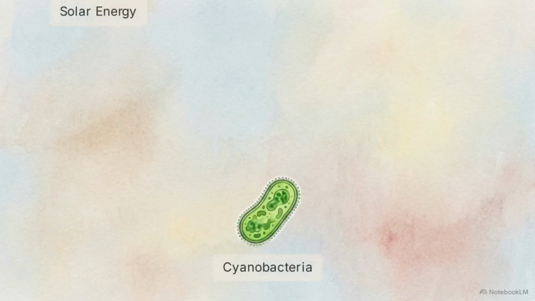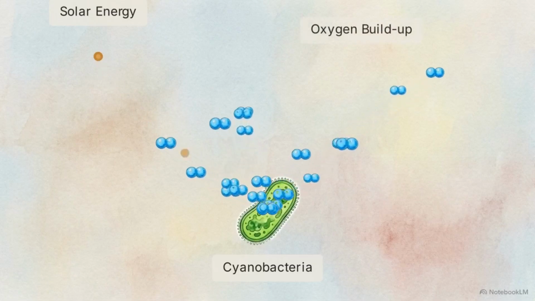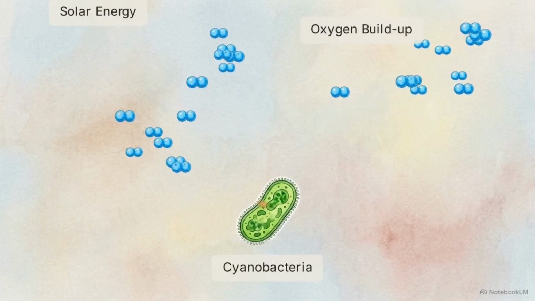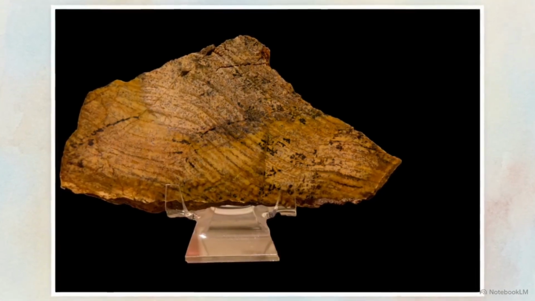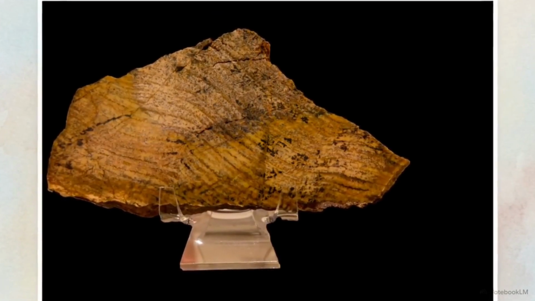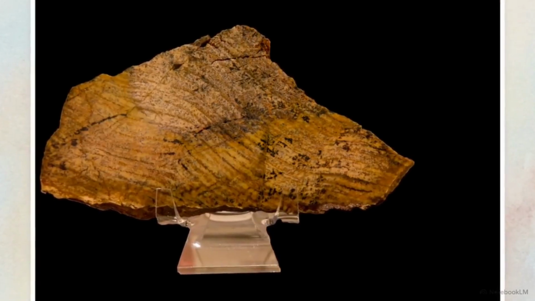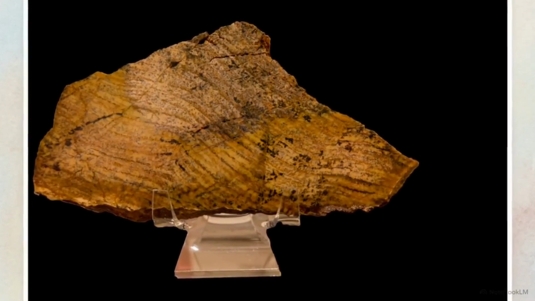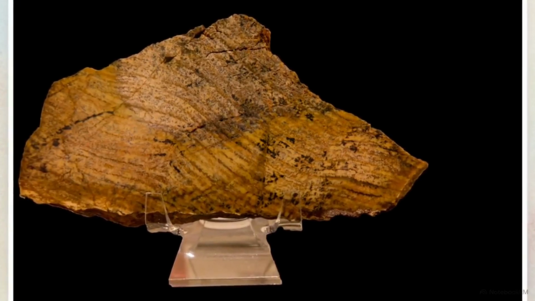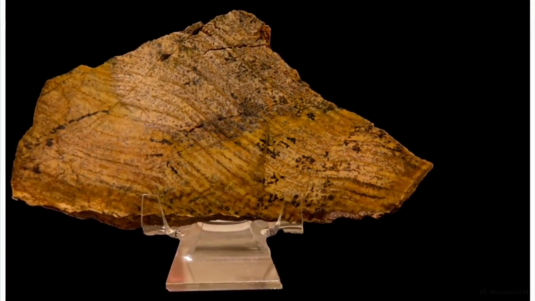Early cyanobacteria developed the ability to photosynthesize, taking in solar energy and releasing oxygen as a toxic byproduct. We see the physical evidence of this great oxidation event permanently recorded in the rock. The newly released oxygen immediately reacted with dissolved iron in the ancient oceans, precipitating out to deposit these thick, rusted bands of solid iron across the seafloor.